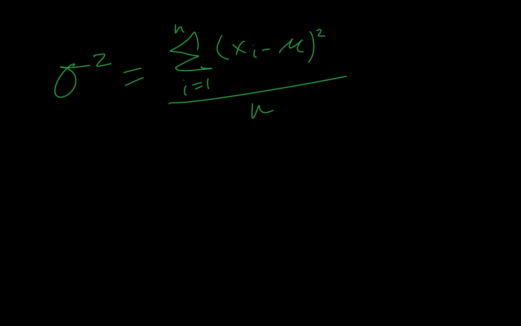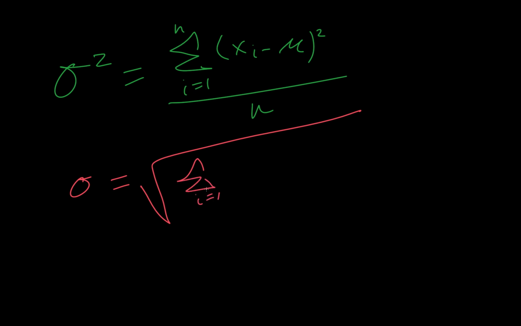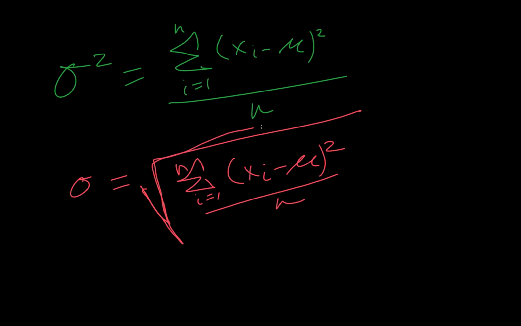And then we also have this, which is the same thing, but under a square root. Okay. Now, just to be clear, this square root is over everything. So these are two ways that we can express a similar idea.